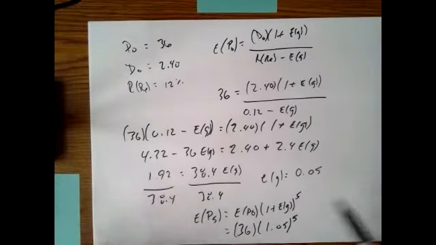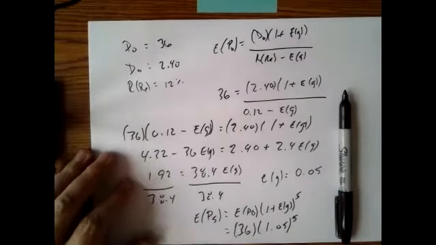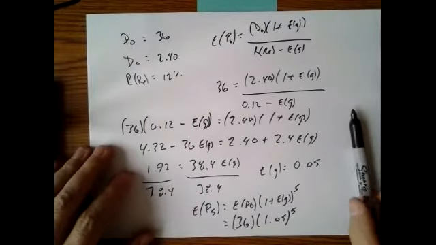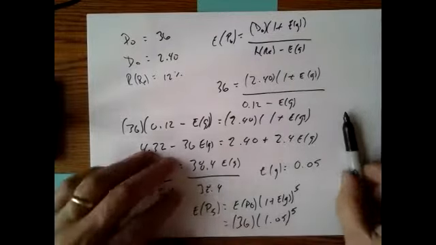Now, why am I doing 1 plus EG to the 5th power? Well, what's going to happen is I'm going to start with 36, and then at the end of year 1, I'm going to multiply 36 times 1.05 to get P1.